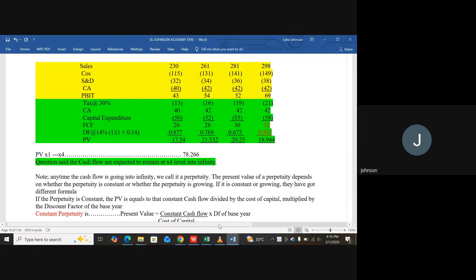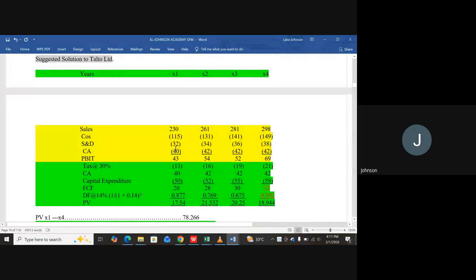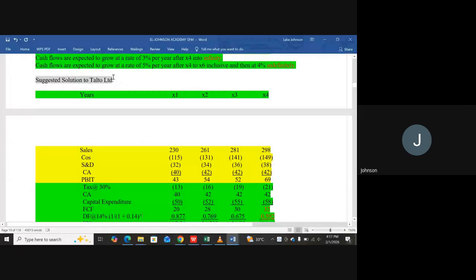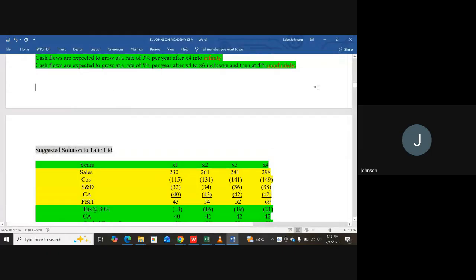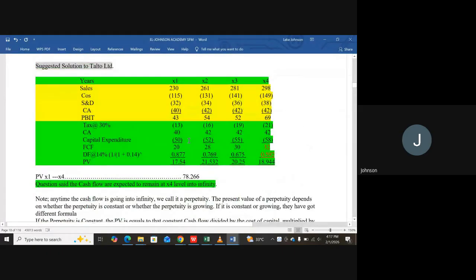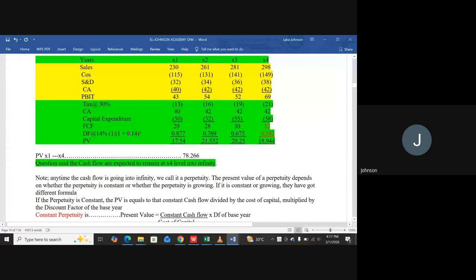So when we say 1 over 1 plus r raised to power n, our n here is year 1, because we are dealing with year 1.